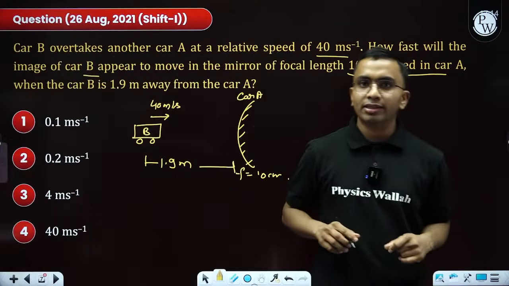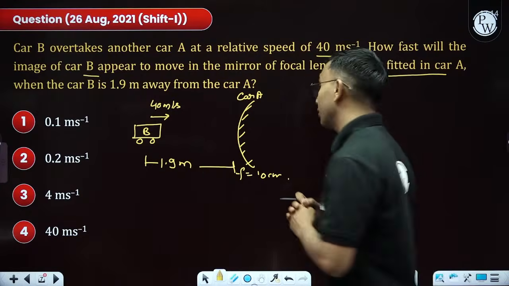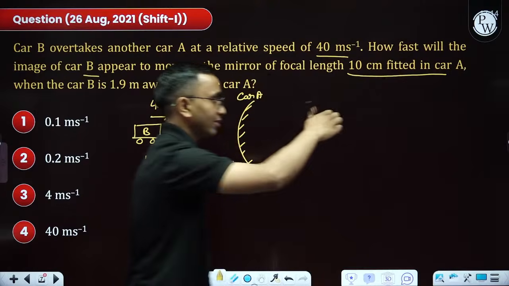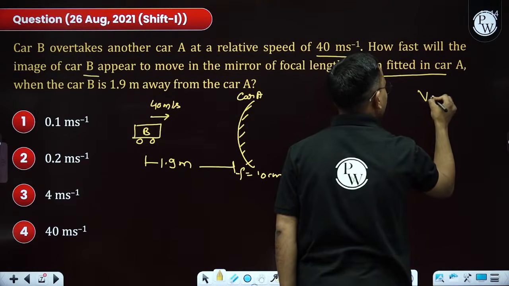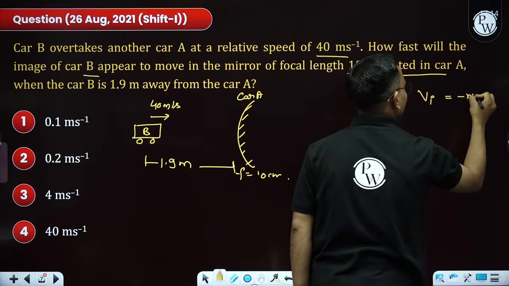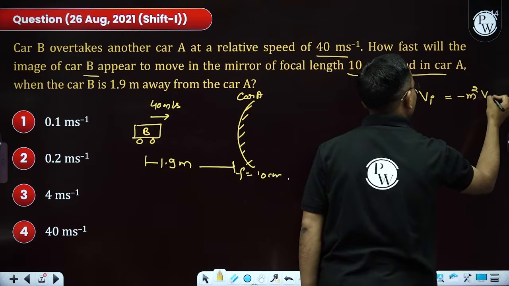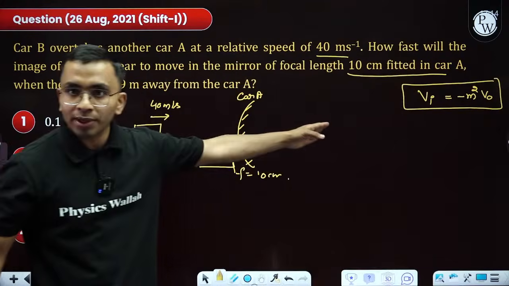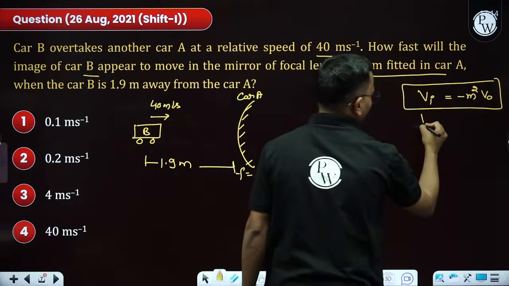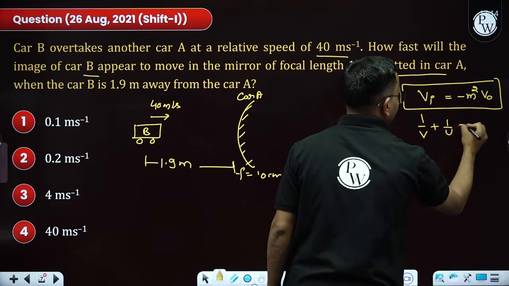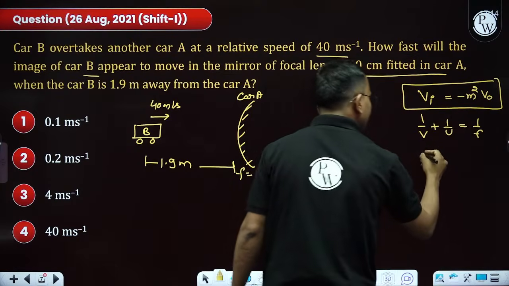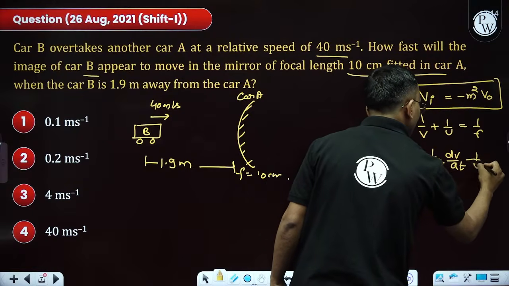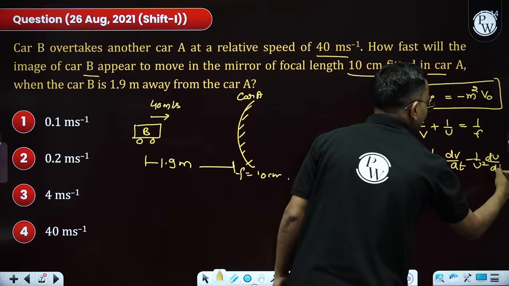Now how do we relate the velocity of image for a mirror? For a mirror, along the principal axis, we write velocity of image is equal to minus magnification square into velocity of object. How did I get this formula? You can try it easily. 1 by V plus 1 by U is equal to 1 by F. Differentiate it: minus 1 by V square dV by dt minus 1 by U square dU by dt is equal to 0.